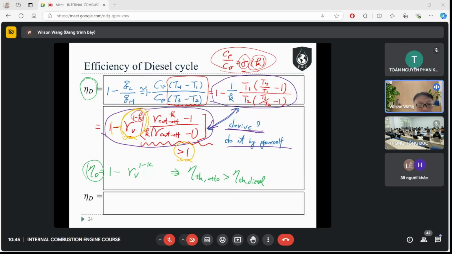You compare to this. If this is multiplied by something higher than 1, for example, you multiply by 2, you will make this value lower than this value. It's quite obvious. So we can say that the Otto cycle thermal efficiency will be higher than the diesel cycle thermal efficiency.